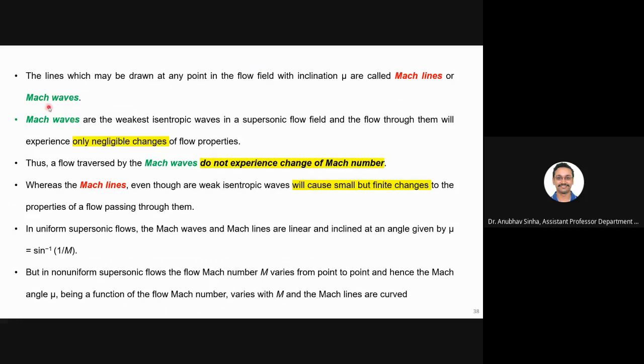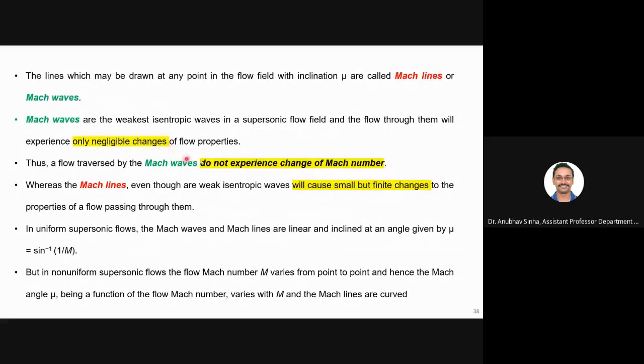Mach waves are basically the weakest isentropic waves that are possible in a supersonic flow field, and the delta, or the change we looked at in the last slide, will be only very small, infinitesimally small or negligible. It will not have a strong step change like we see for a shock. It will be very small, hardly discernible. That sort of change will be there.